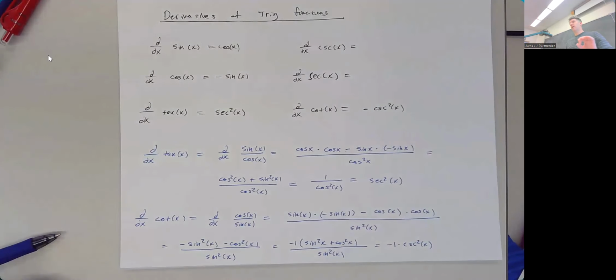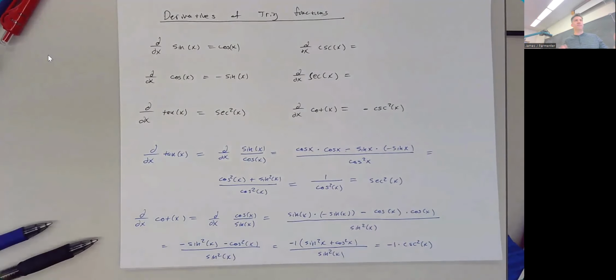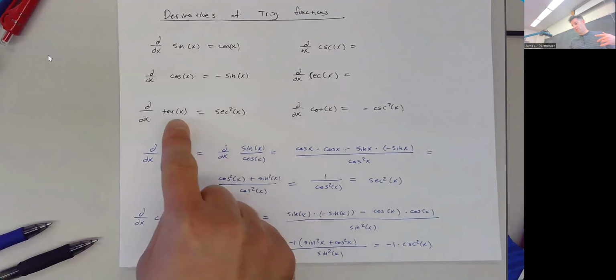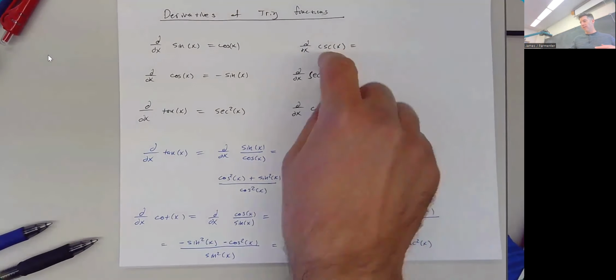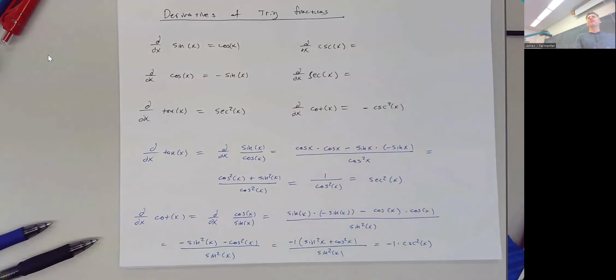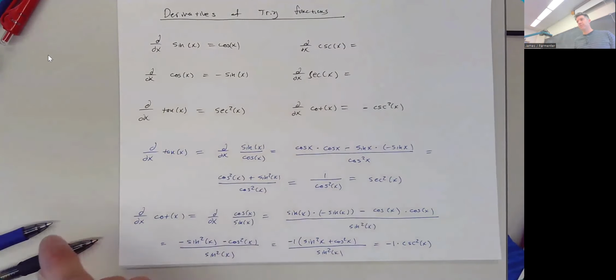Here's the pattern that I want you to see because it's nice. It kind of takes a little bit of just looking at the words for a second. So we have 6 trig functions. The co-functions, cosine, cotangent, and cosecant, and the regular not co-functions. There's not a good name for the not co-functions, the other ones, sine, secant, and tangent.